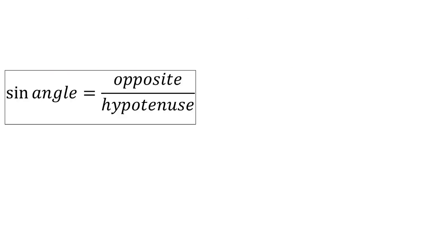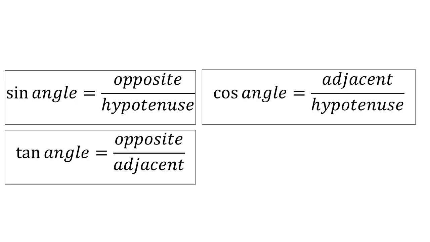Okay. Now, the reason this is useful, we're going to get onto that. What you need to know is this. So I would suggest at this point you pause the video and copy this entire slide as it is down now onto the paper you're working on, onto your book or whatever. So what this is saying then is that the sine ratio refers to the relationship between the opposite and the hypotenuse, we'll get to what those are.